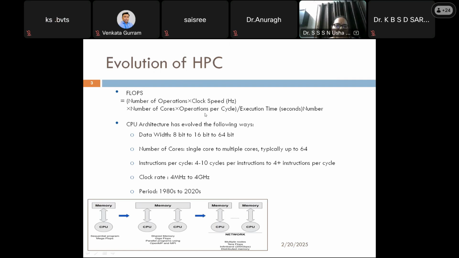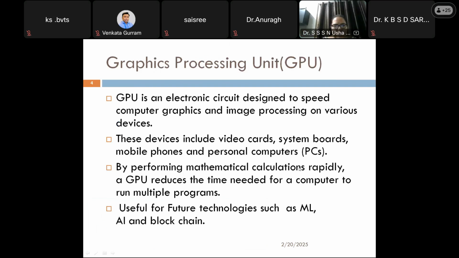If anyone of these components increases, for example if the clock speed increases, automatically the flops, the number of floating point operations per second, is going to increase. So these are the things that affect the flops, the speed of the system. Previously we have seen that the speed of the system is measured in terms of floating point operations per second, right? That is the formula for flops.